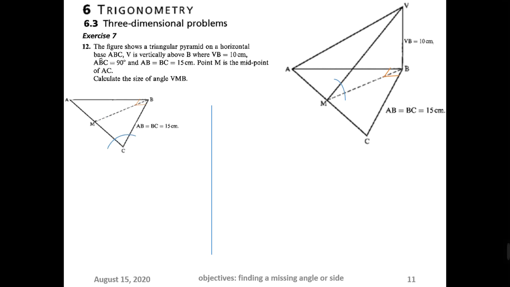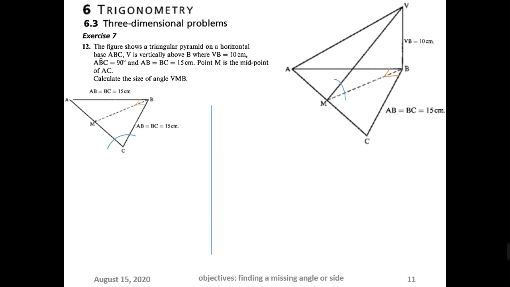This is my unknown angle in the big triangle ABC. If two sides are known, AB and BC, then I can find the unknown angle, which is ACB.